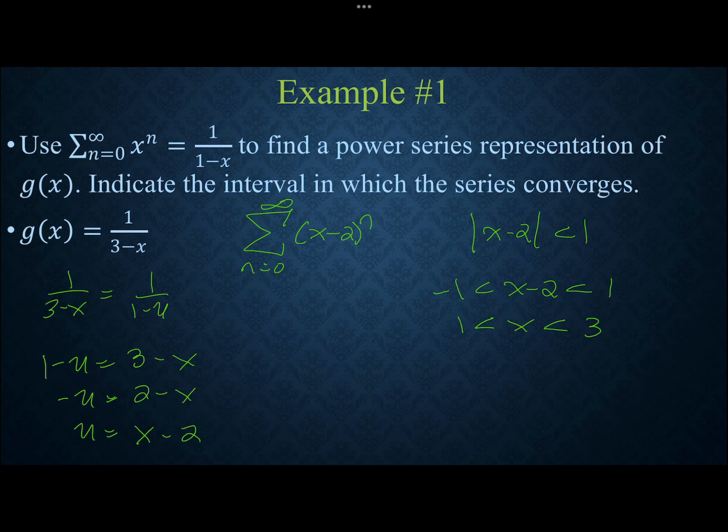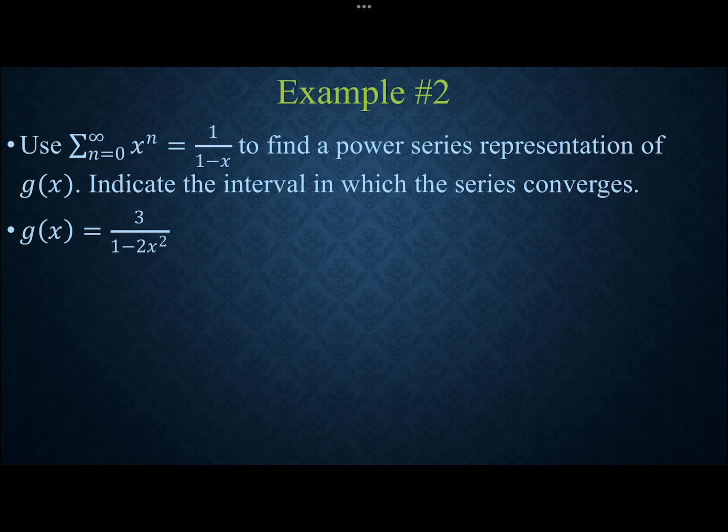And we can see this thing is going to converge from anywhere in between 1 and 3. Obviously, it can't equal 1 and 3 because it wouldn't converge when it's equal to. It has to be somewhere in between there. So when it's a linear expression like that, it's a very straightforward way of finding the convergence. Just put in between negative 1 and 1, solve the linear compound inequality.